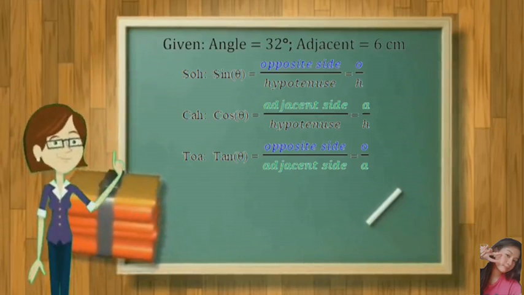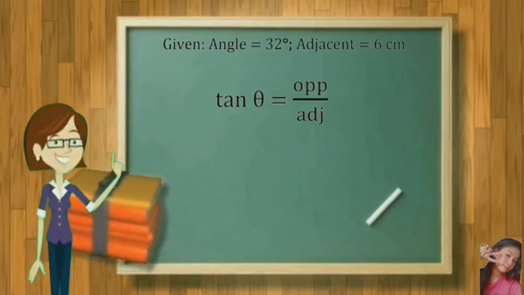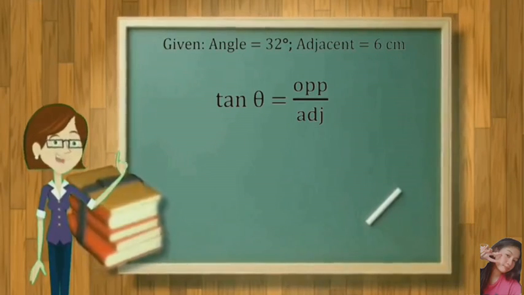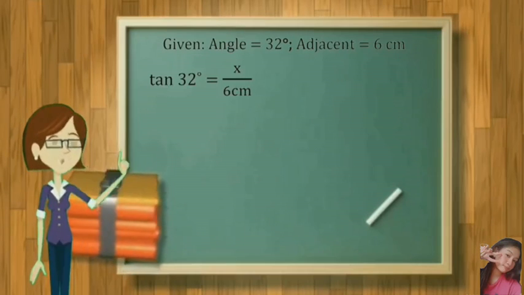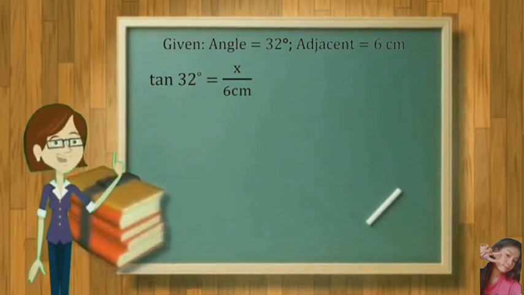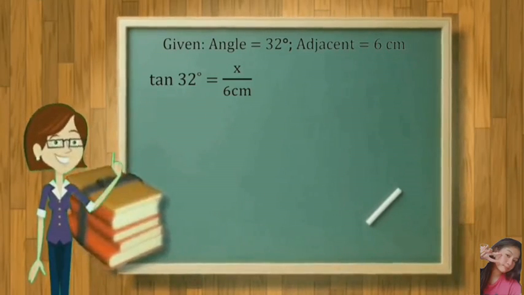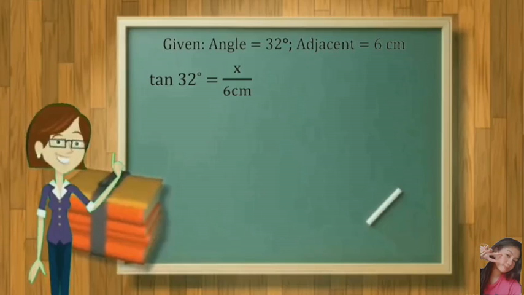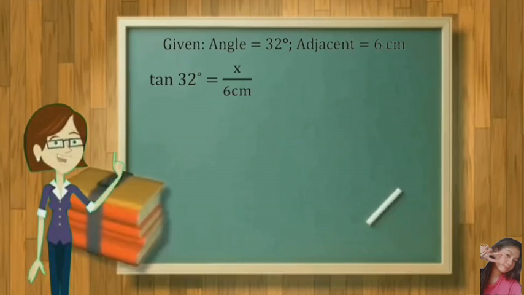Therefore, we will use the tangent function, where tangent theta is equal to opposite over adjacent. Substitute the values of theta and adjacent into the function. So, tangent 32 is equal to x over 6 centimeters. Proceed to cross multiply.